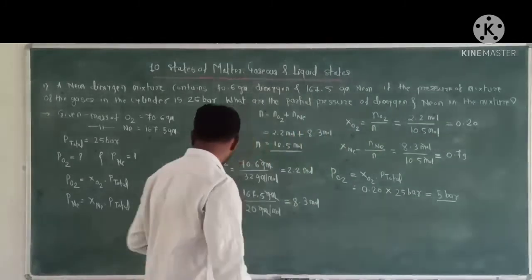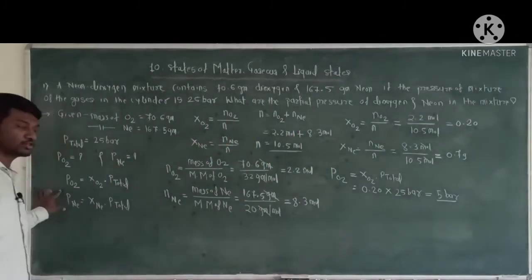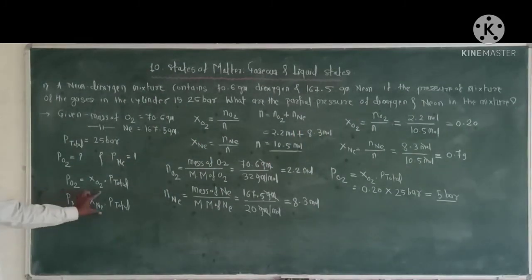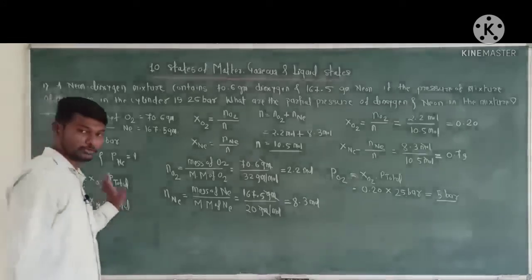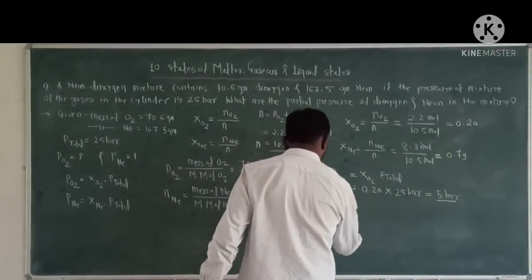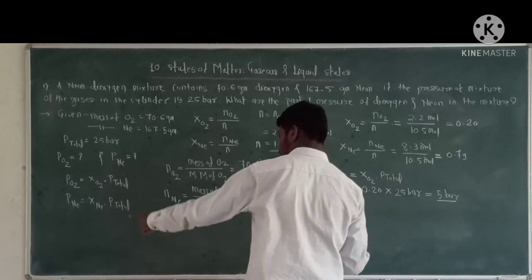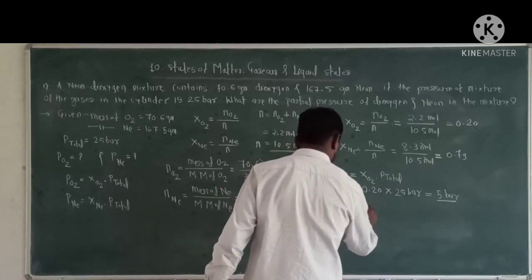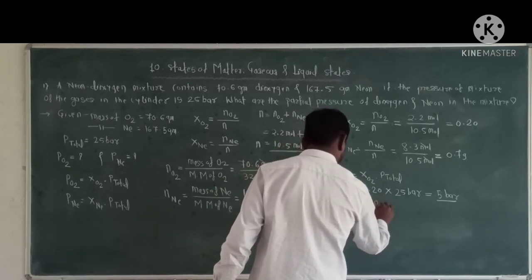Okay, and similarly calculate the partial pressure of neon by using this formula, that is, partial pressure of neon is equal to mole fraction of neon into P total.